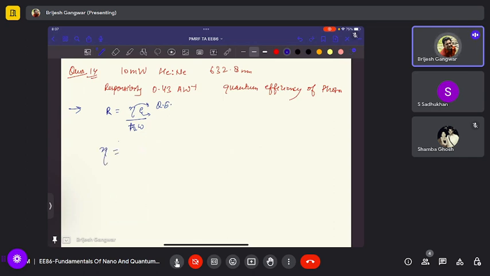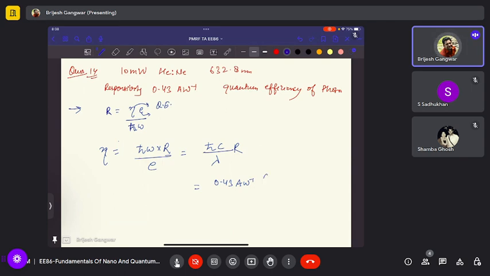So eta will be h cross omega r by e. So this will be h cross c by lambda into r. Just r is given 0.43 A/W.